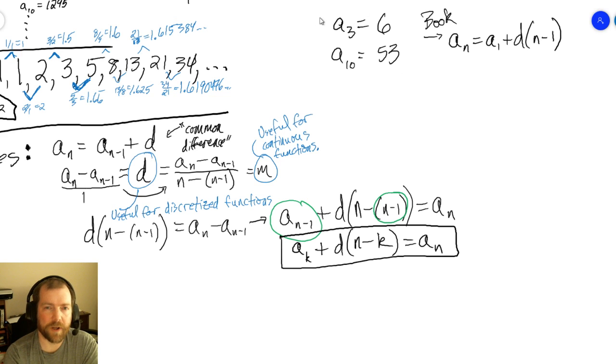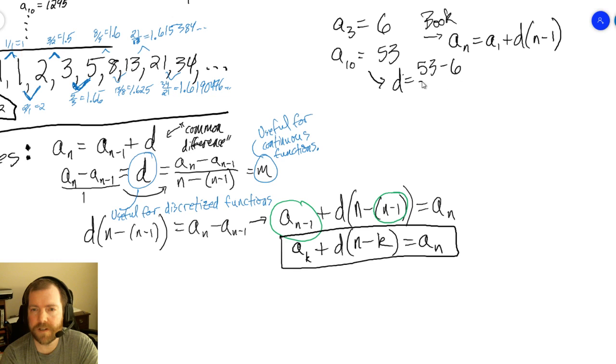We have an anchor point. It's 3, 6 or 10, 53. Take your pick. It's just like when you're doing point slope form for linear functions, right? So d is going to be equal to 53 minus 6 divided by 10 minus 3, which is going to be 47 over 7.